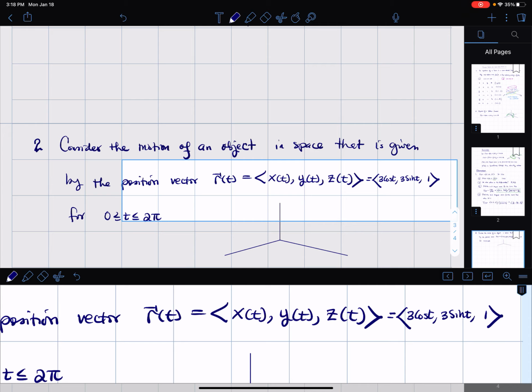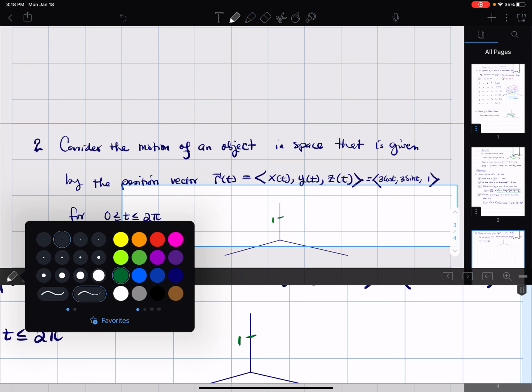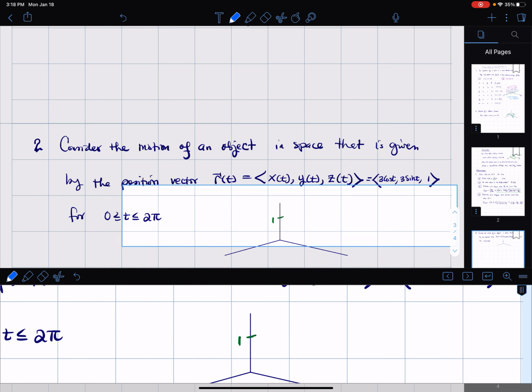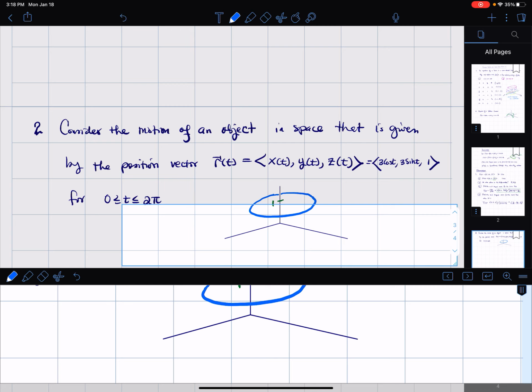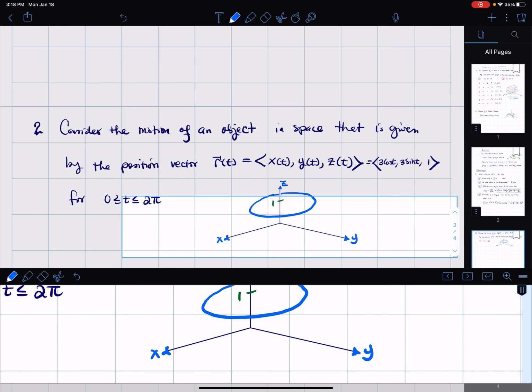Now that we have z equal to 1, we have a circle of radius 3 where the value of z is 1. So this is the trajectory of the object. It's just going around in circles around z equals 1. This is your x-axis, this is your y-axis, and this is your z-axis. And this is the trajectory of the object, and it's in the counterclockwise direction.